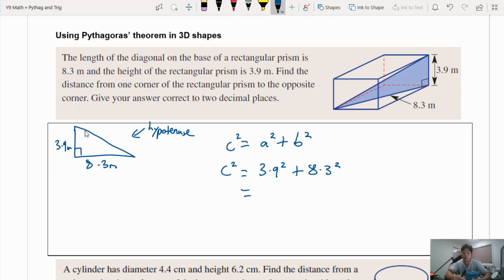Pop that in the calculator, 3.9 squared plus 8.3 squared, and that gives you a value of 84.1. So c equals the square root of 84.1, and that gives us a value of 9.17. Remember, always check the units. So c is 9.17 meters.